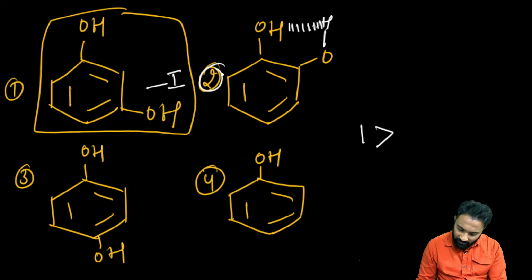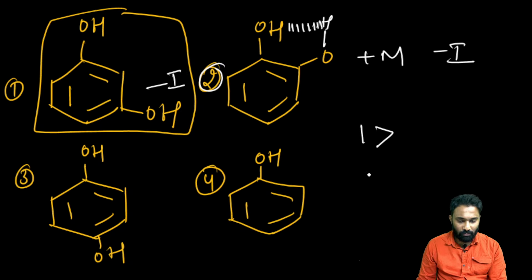Then after that in the 2 we may think that here it is having more plus M effect than the minus I. But due to the presence of this hydrogen bonding, what happens?